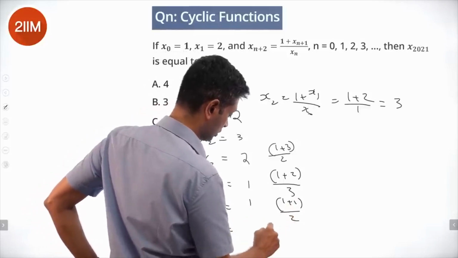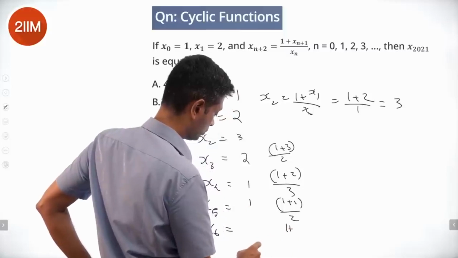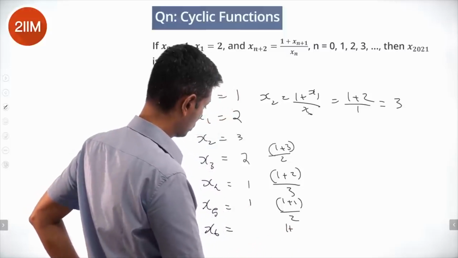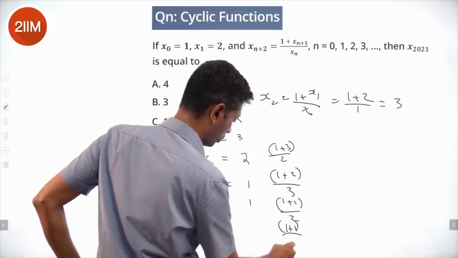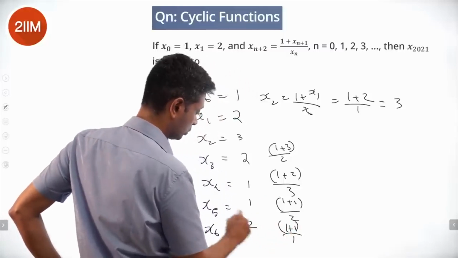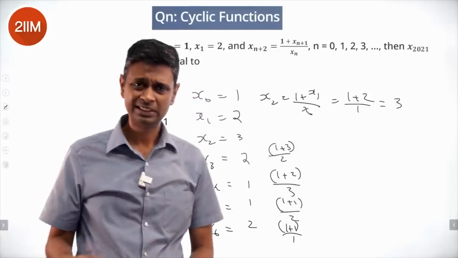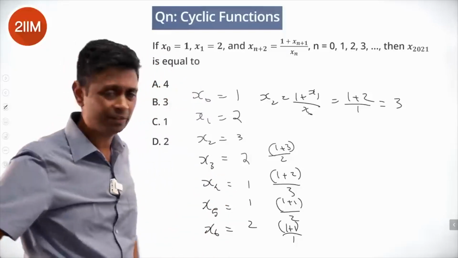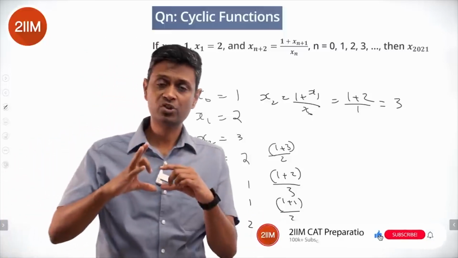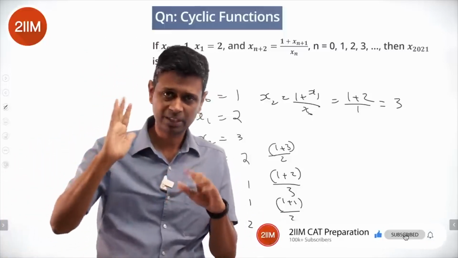x6, 1 plus 1 by 1, 2 by 1, 2, and so on. And there's some pattern here. Very interesting. Each term is generated by the previous two terms. That much I know.